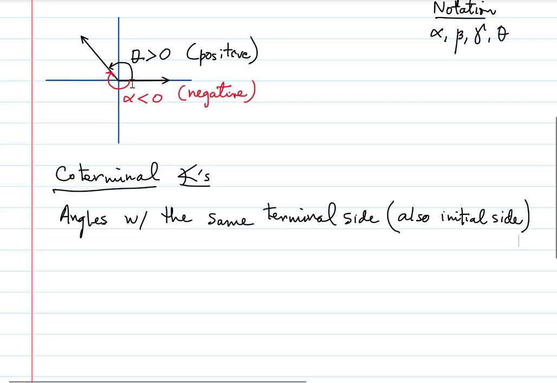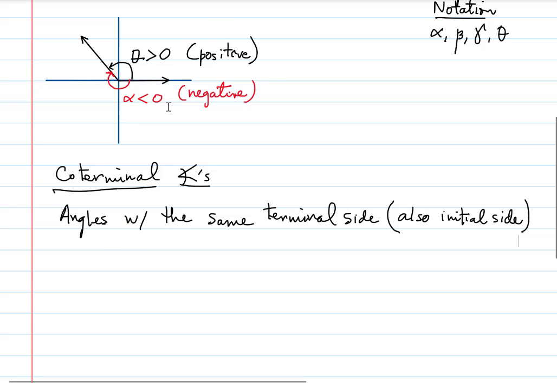These two angles here, theta and alpha, would be coterminal. Even though one is positive and one is negative, notice the definition just says they both have to have the same terminal side. They're both starting from the same initial side, and then one goes counterclockwise, the other one goes clockwise.